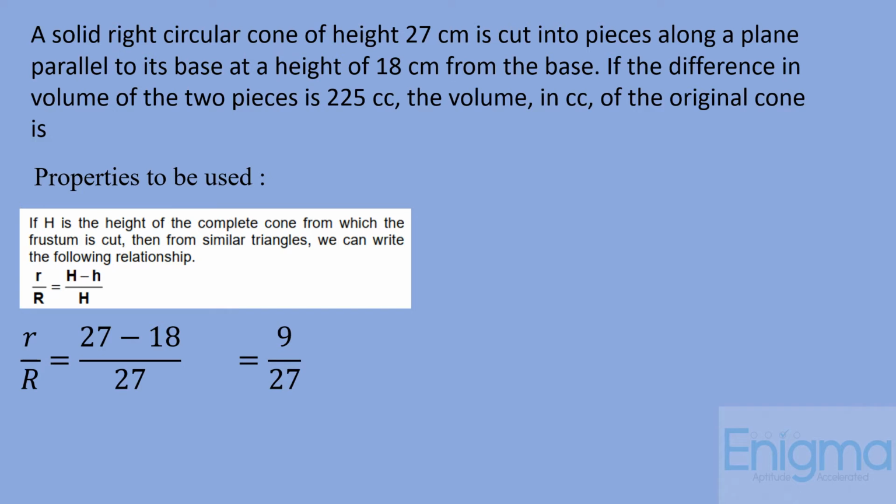From this, we can get the relationship between small r and capital R. We get capital R is equal to 3r. Now let's keep this aside and move on to the next part.